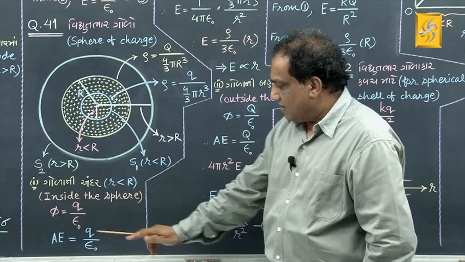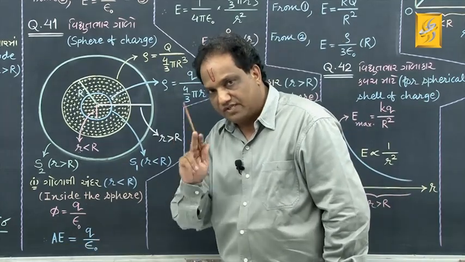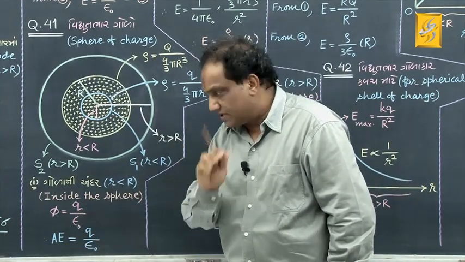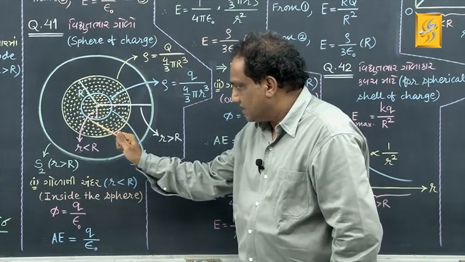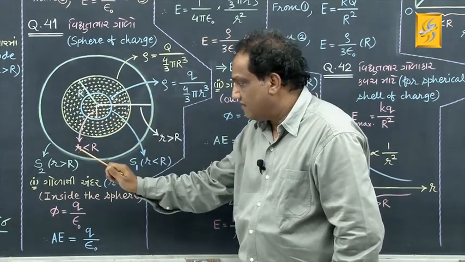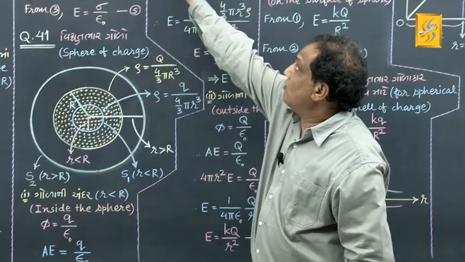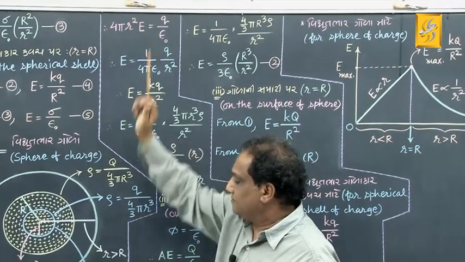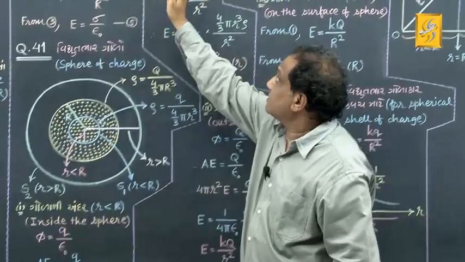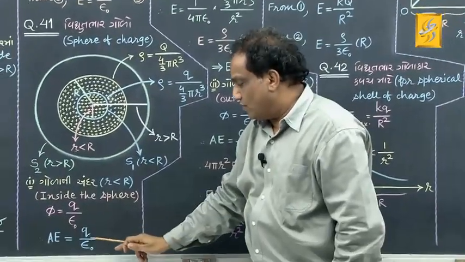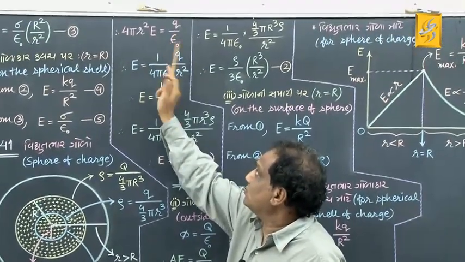And now what is capital A? Surface area of the considered Gaussian surface, having radius small r, will be 4 pi into radius square, into capital E as it is, and that equals q upon epsilon 0.